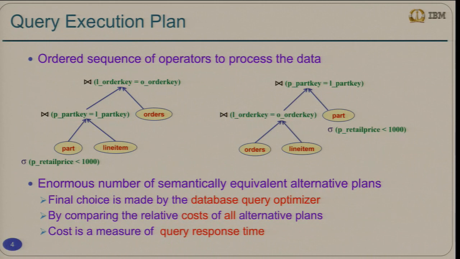Okay, and all of this it does based on some sense of the cost of each of these operators. Okay, and then the costs are going to add up. Most of the time people use the response time, which is the amount of time that the query is going to run in the system, as a measure of cost, but you can have other measures, right?